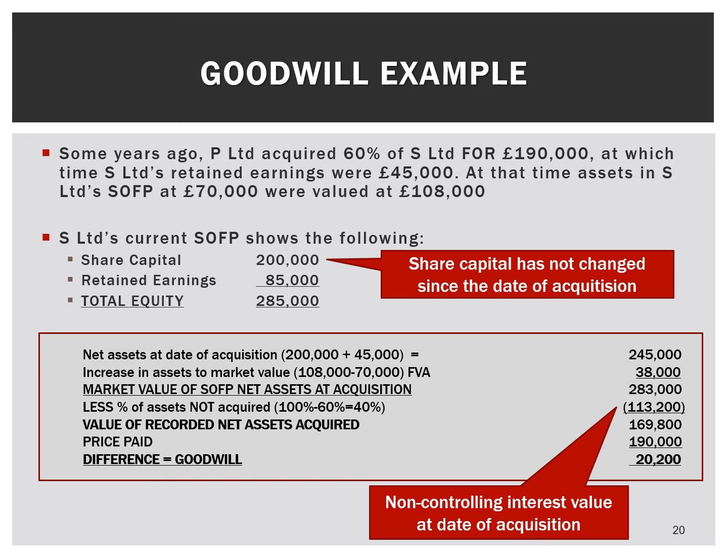That gives us a figure of 169,800, representing the value of assets included in the subsidiary's balance sheet at the date of purchase that belong to us. If we compare that to the price paid, then again we come back to the 20,200 goodwill figure. So it doesn't matter which method you use to calculate the goodwill. The important thing is obviously that you come back to the right figure at the end.